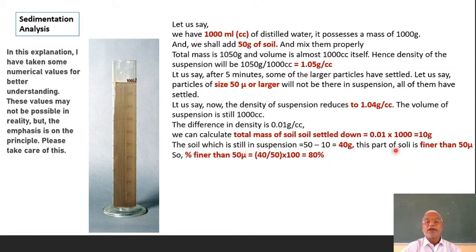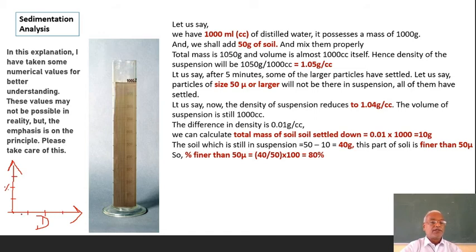So what I have is percentage finer with respect to size, and you know that in grain size distribution we have two axes. If I have to draw that graph, one is the x-axis where the size d is plotted, and here there will be percentage finer. This is equally distributed, 10, 20, 30 like that, up to 100%. But the size axis is in log scale, meaning if this is 1, this will be 10, this will be 100, this will be 1000 and so on.